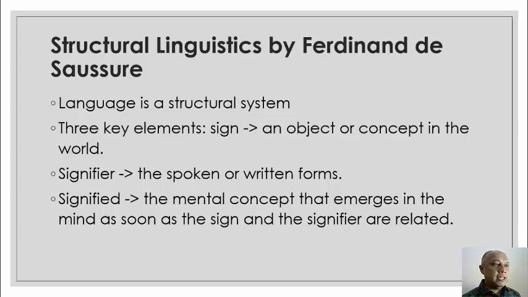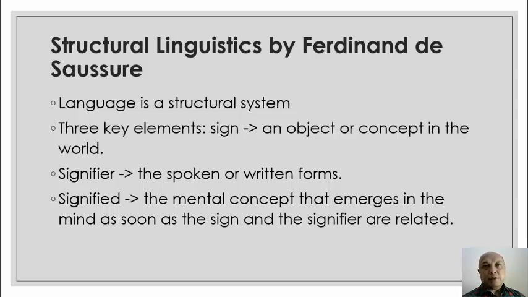And there are three key elements in language. The first is the sign. A sign is actually an object or concept in our life, in the world. And then you have the signifier. The signifier is the spoken or written form. Everything that we do with language, either spoken or written, that's the signifier.